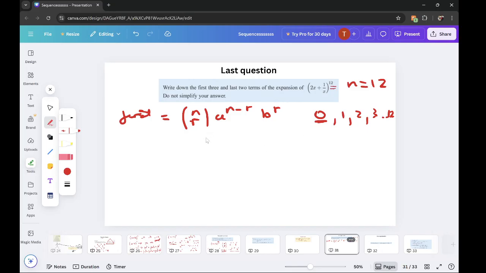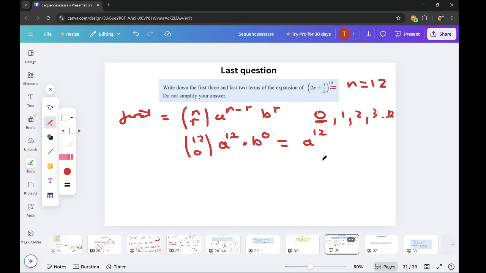Does that make sense? So 12 choose 0, a to the power of 12 minus 0, which is 12, and b to the power of 0. So your answer should be 12 choose 0, which is 1, so a to the power of 12. That is your first term.